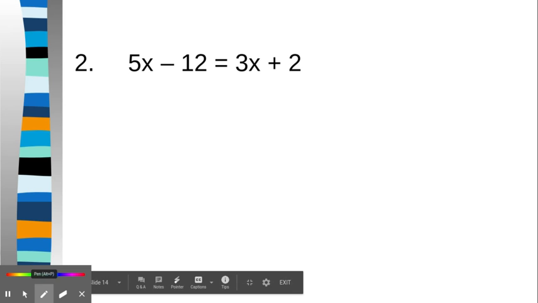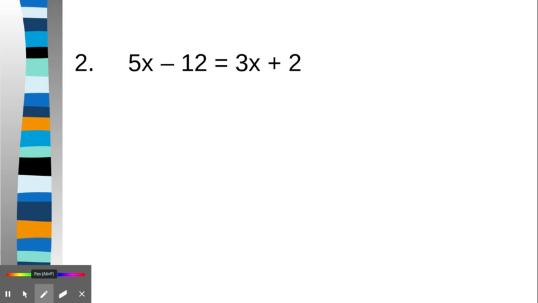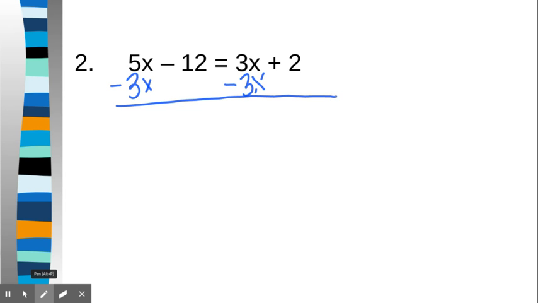Okay. Again, I want to think ahead and try to figure out which of those variables to move so that they stay positive. I'm going to move the 3x. It's positive right now, so we will subtract that. 5x minus 3x leaves us with 2x. Keep the minus 12, and then keep the positive 2 that's on the right.